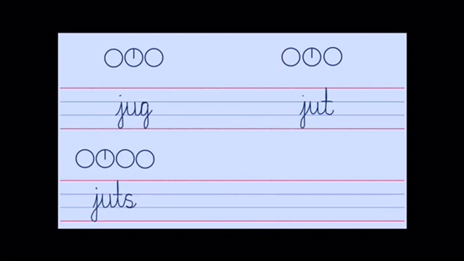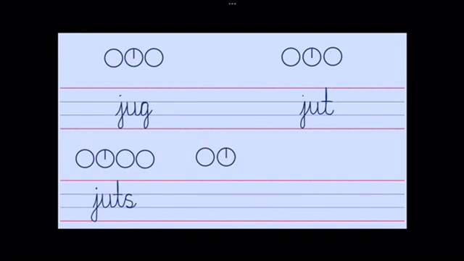And what about if we had more than one jug? It's a different reason this time, but if we're writing about more than one, we use the same suffix as when we're writing about an action that somebody, or in this case something, does. Jugs.